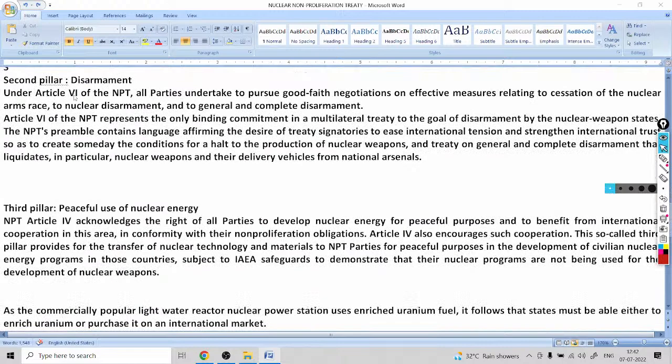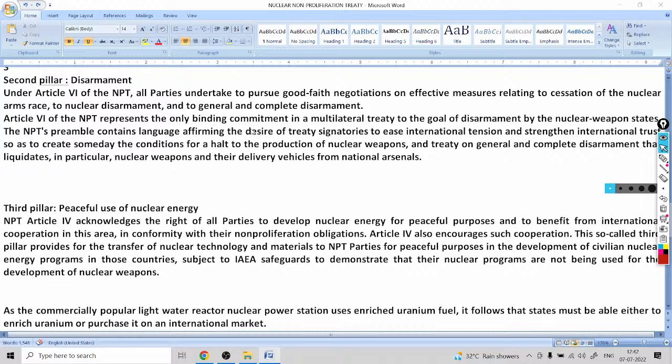Fine. Then the second pillar is on disarmament. Under Article 6 of the NPT, all parties undertake to pursue good faith negotiations on effective measures relating to the cessation of the nuclear arms race and to nuclear disarmament. Okay, complete disarmament in general. Article 6 of NPT represents the only binding commitment in the multilateral treaty to the goal of disarmament by the nuclear weapon states.